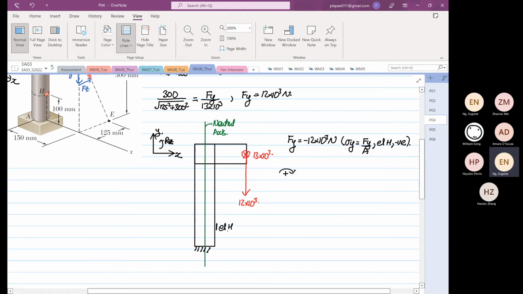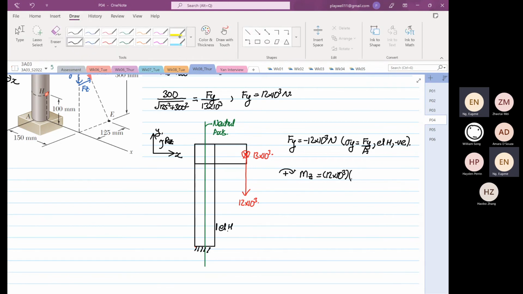So the moment in Z is equal to 12 times 10 to the power 3. Because the 12 kilonewton force is parallel to the neutral axis, the distance that we multiply is this distance over here.